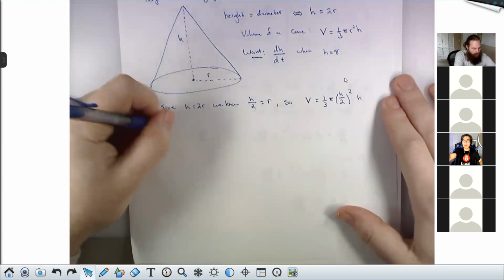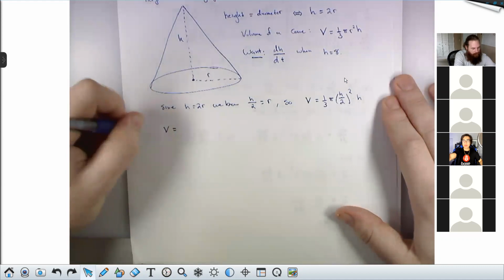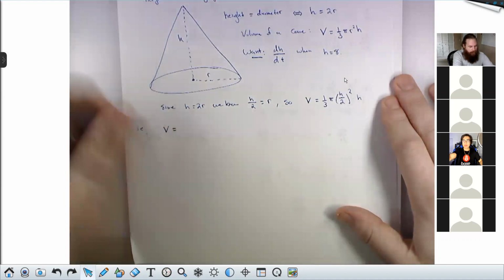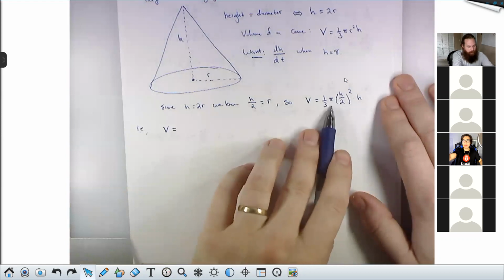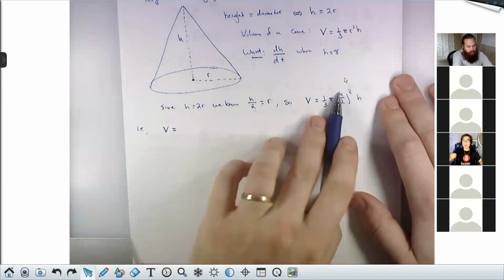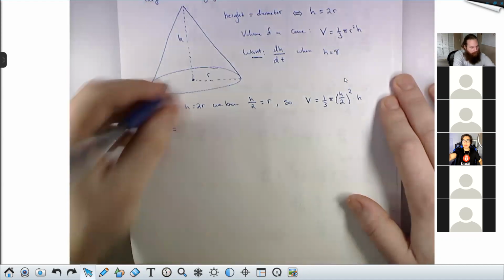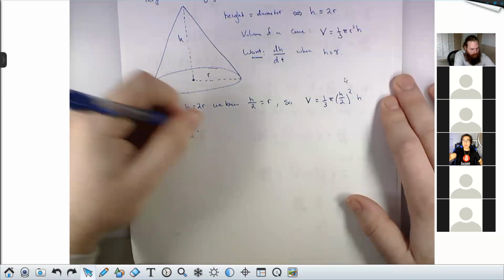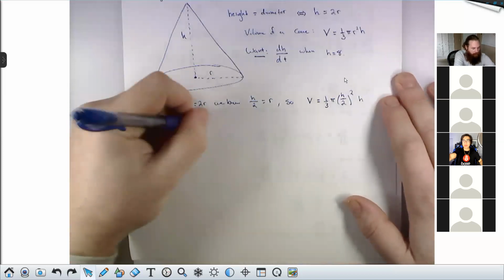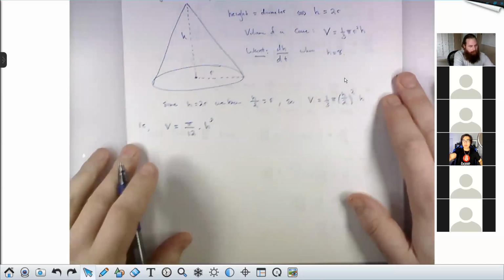In other words, let's clean this up a little bit. I'll have my 1/3 pi, and then h over 2 squared is h squared over 4. So that's going to be pi over 12 times h squared times h is h cubed.